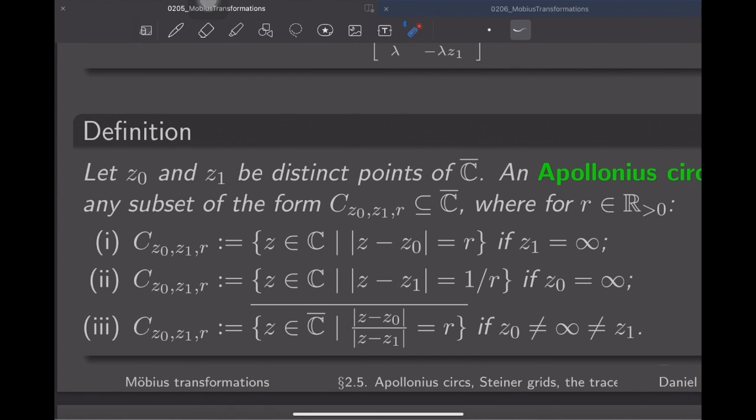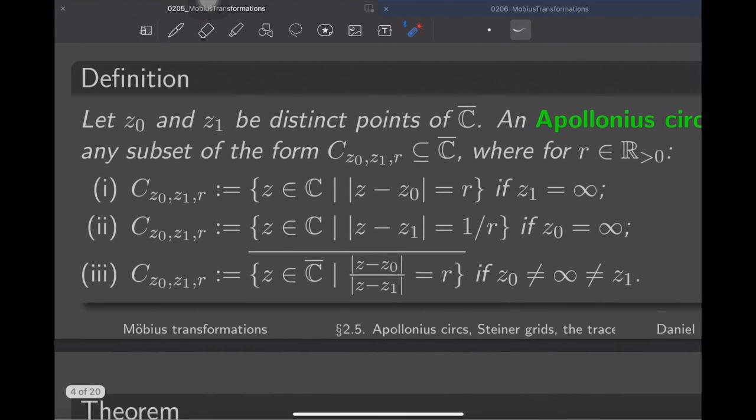Those are obviously circles, but there is one case where it's not so obvious that Apollonius circles are circles, namely when the two points are finite. Forget for a moment about this topological closure, ignore it for a moment.